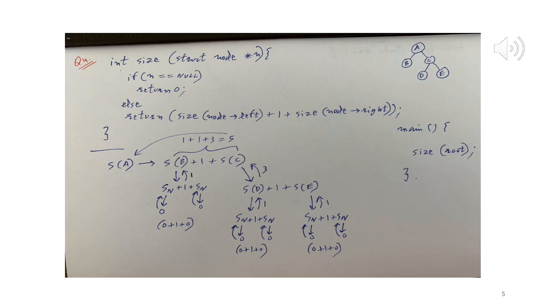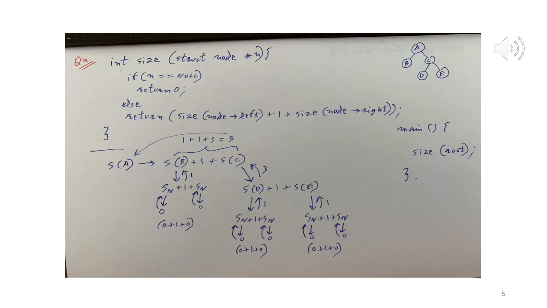Therefore it gives rise to SE. So SC, calling size with a pointer to node C, gives rise to SD, plus 1 plus SE, calling size with a pointer to node E, right?